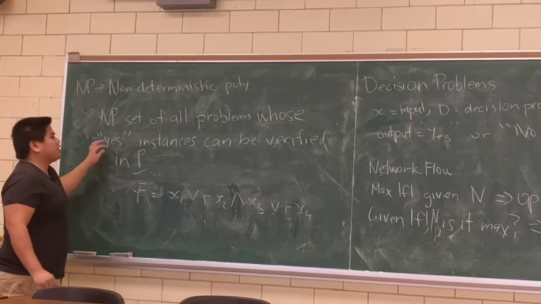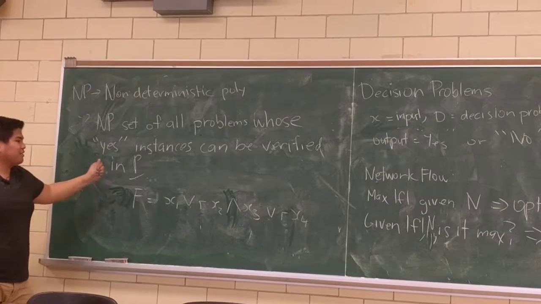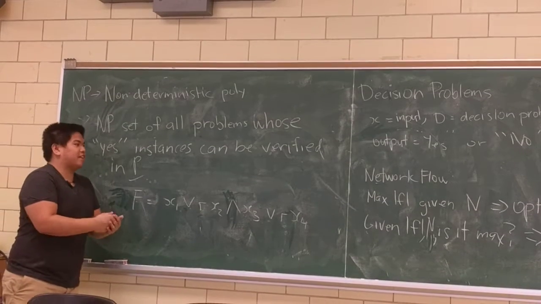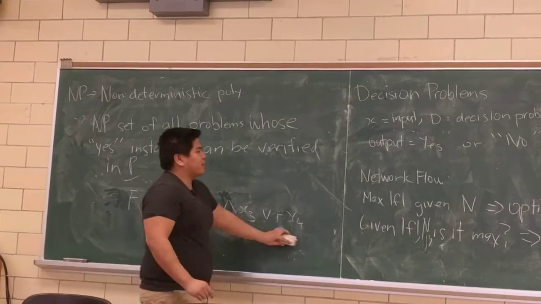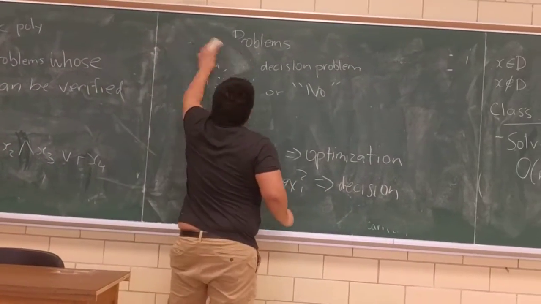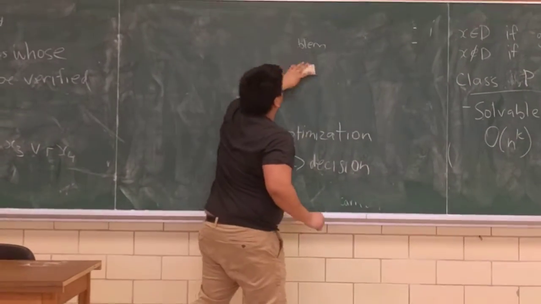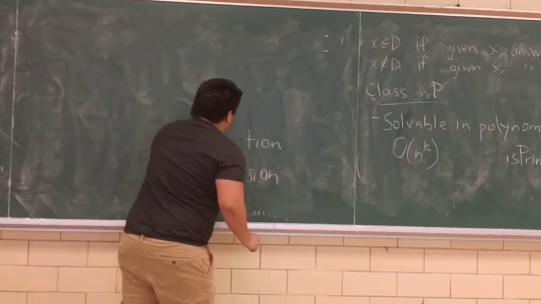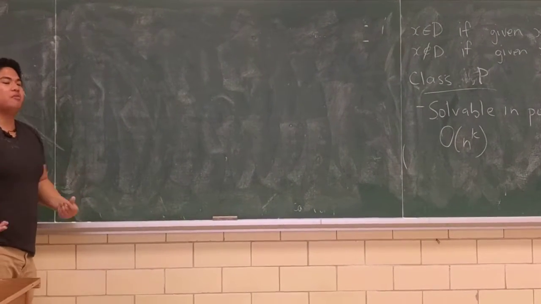What I mean by yes instances is that if the solution is yes, I can verify that the solution is yes in polynomial time. By verify, I mean we need some sort of certificate which proves that this problem can be solved. It's just an example which proves this.